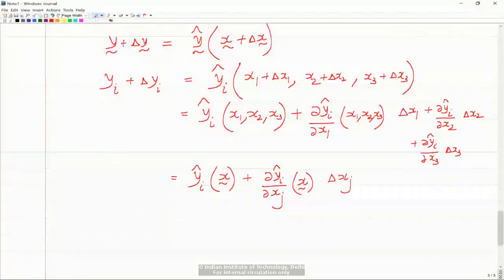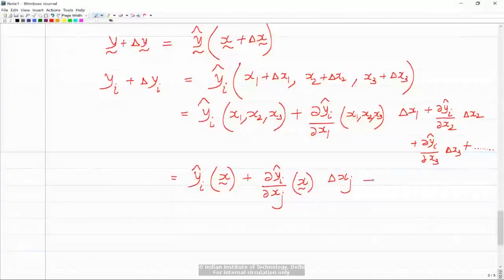isn't it? And you see the Taylor series actually runs to infinity. But what are those extra terms? They are quadratic in delta x, isn't it? It will have delta x1 square, delta x2 square, delta x3 square, or delta x1 delta x2, delta x1 delta x3, delta x2 delta x3, isn't it?